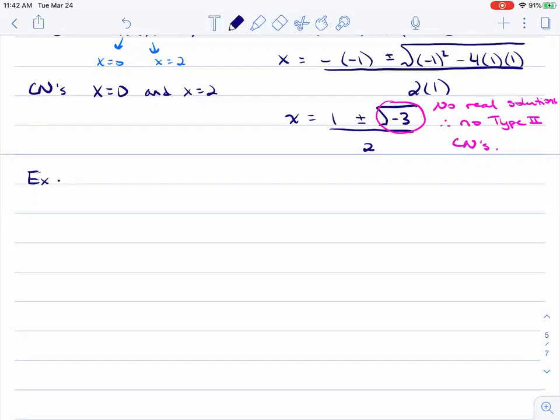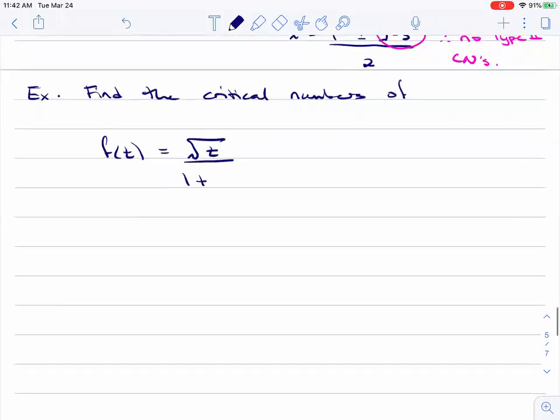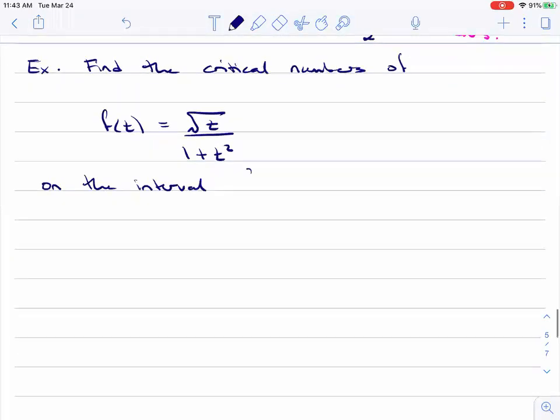Let's do another example. Find the critical numbers of f of t equals the root of t over 1 plus t squared on the closed interval from 0 to 2.